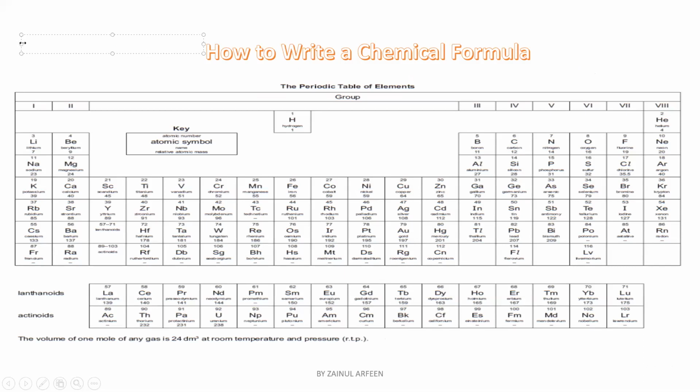I want you to write a chemical formula for magnesium nitride. Magnesium nitride. Nitride means nitrogen. Whenever ide is there, it means element. What will be the chemical formula of magnesium nitride?